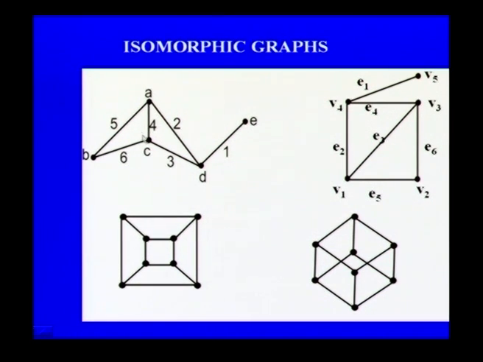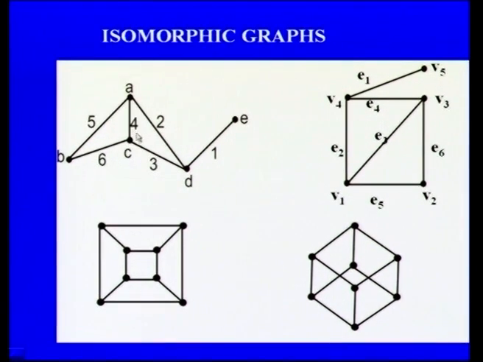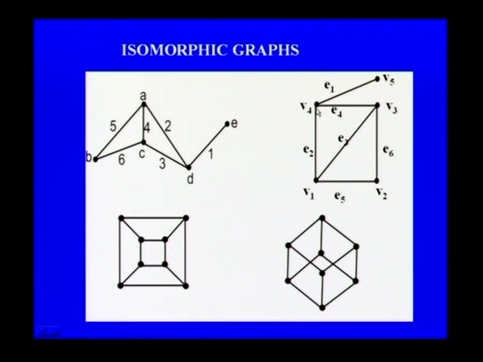E3 corresponds to 4 and E4 corresponds to 3, CD. E3 connects V1 and V3, and V1 corresponds to A and C. So, E3 which connects V1 and V3 corresponds to 4 and E4 which connects V4 and V3 corresponds to 3.